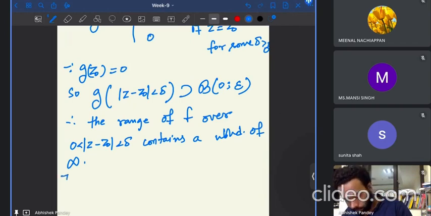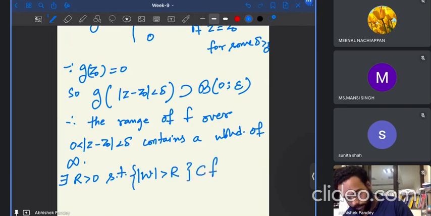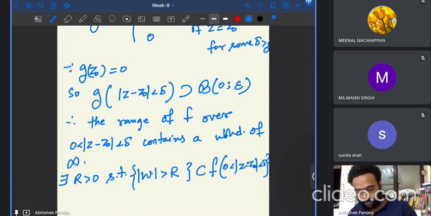That is, what does it mean? There exists r greater than 0 such that mod w greater than r is contained in f of mod z minus z naught less than delta.